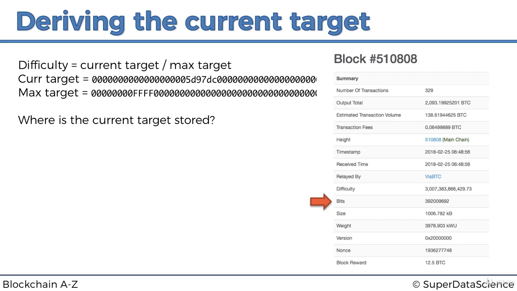All right, the first step is to take this value, bits, and turn it into a hexadecimal number. So I'm just going to have to remember what it is here. So it's 392,009,692.